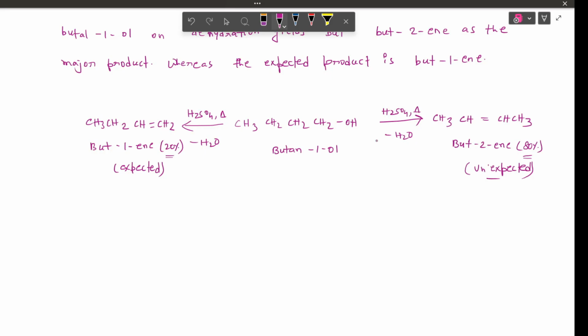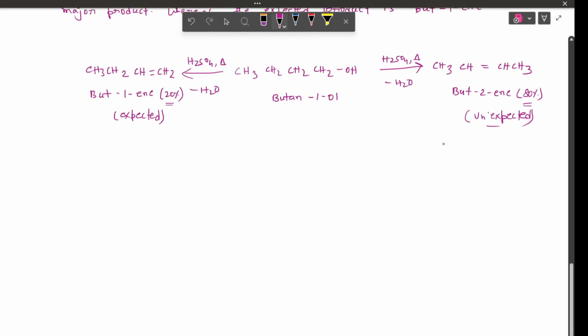So let us see why this is happening. The formation of such unexpected product can be explained on the basis of the mechanism of dehydration of alcohols.